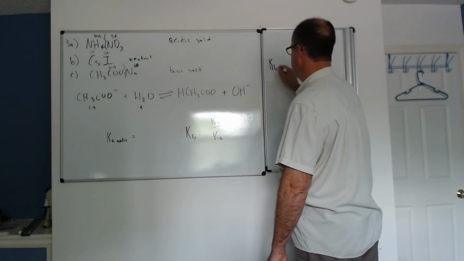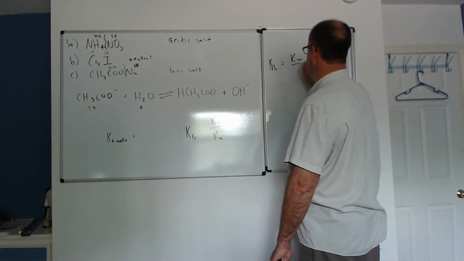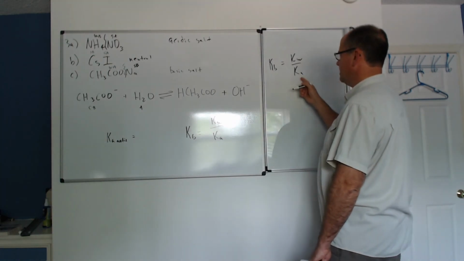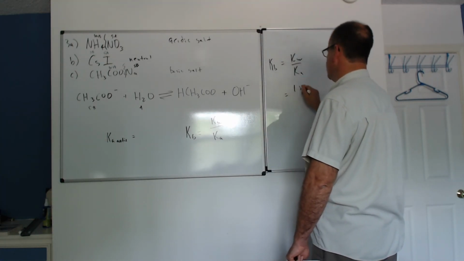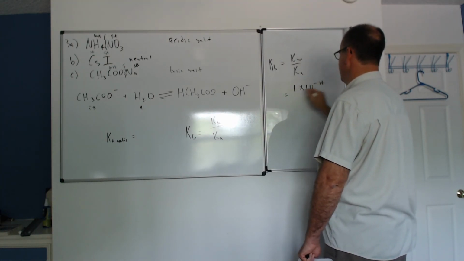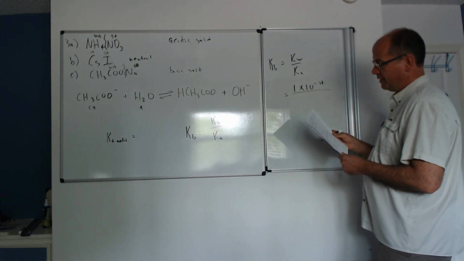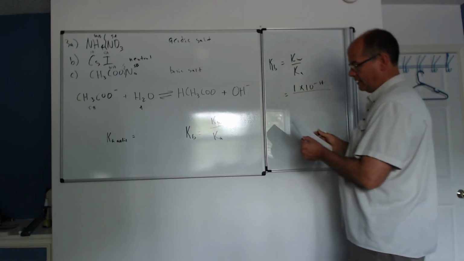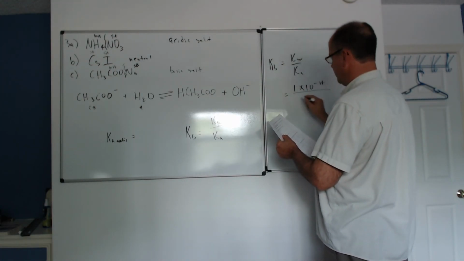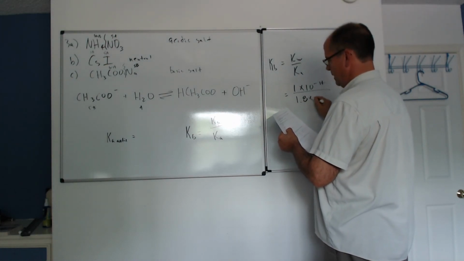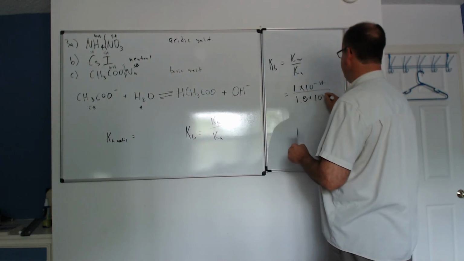So ultimately we're looking at Kb is Kw over Ka. And we can look up the Ka for acetic acid. Kw, again, is 1 times 10 to the minus 14. Ka for this, again, is 1.8 times 10 to the negative 5.